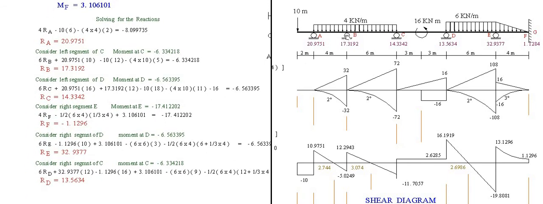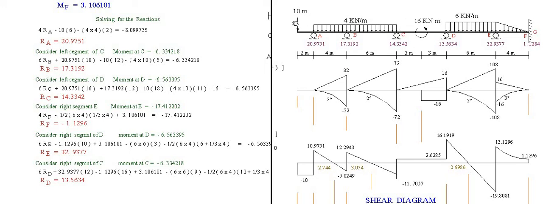Then solving for RB, cut section here. Then consider only the left as given here. When we cut section here at C, we can see the moment at C as clockwise. The value is minus 63342, the moment on the right.